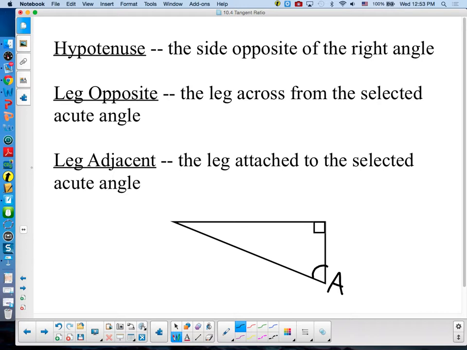Is this hypotenuse, opposite leg, or adjacent leg, related to that angle? Opposite leg. Good. Which is this one, Sam? Hypotenuse. Okay. Right. Another one. Adjacent leg. Okay, questions about that vocabulary?